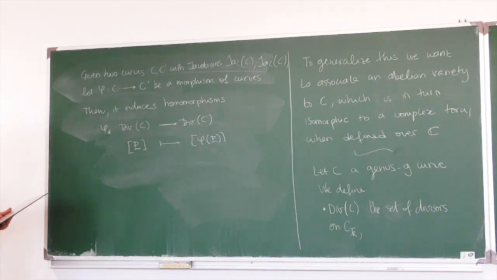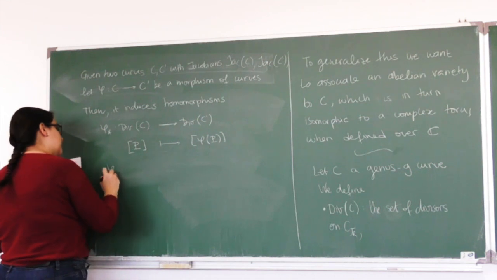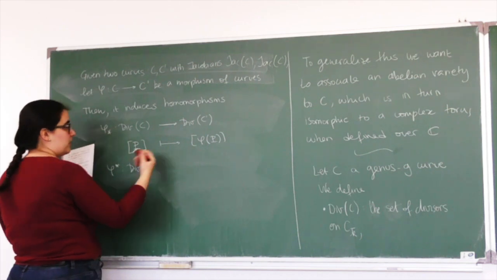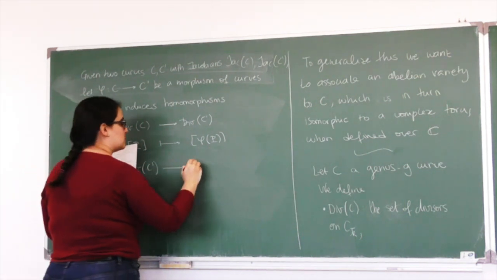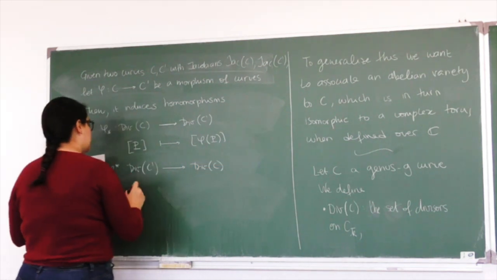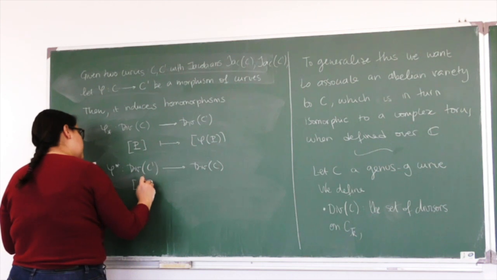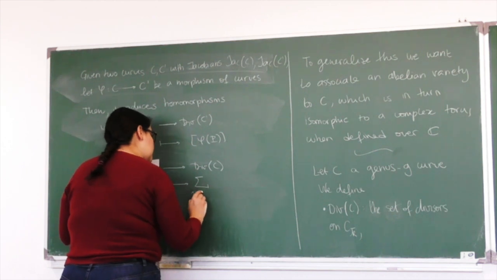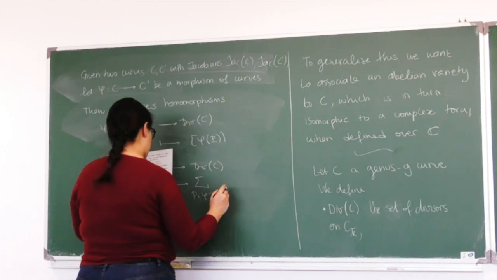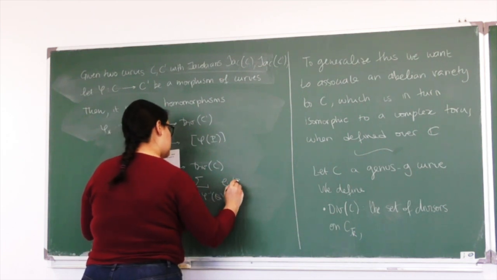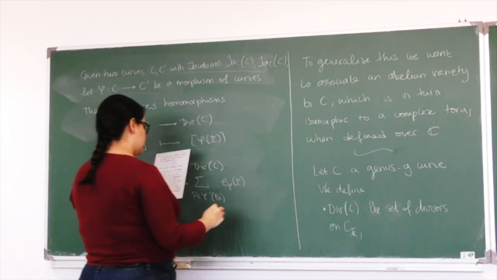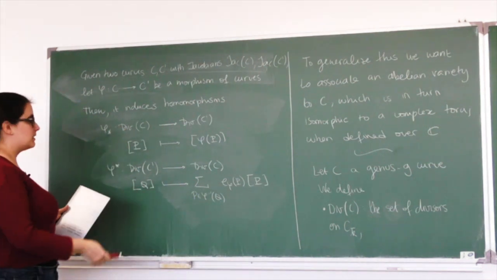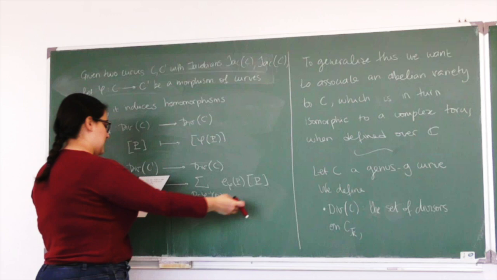And again, additively for divisors, we also have phi upper star, which goes in the other direction, from the divisors of C prime to the divisors of C, and takes the class of a certain point Q and maps it to the sum for every point in the pre-image of Q of the order of the morphism at the point, where here we use a uniformizer around the point and everything, times the class of the point.